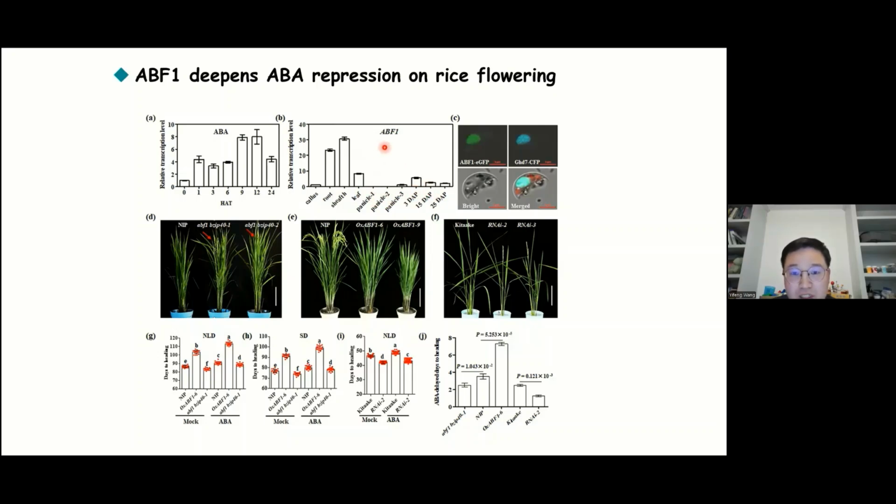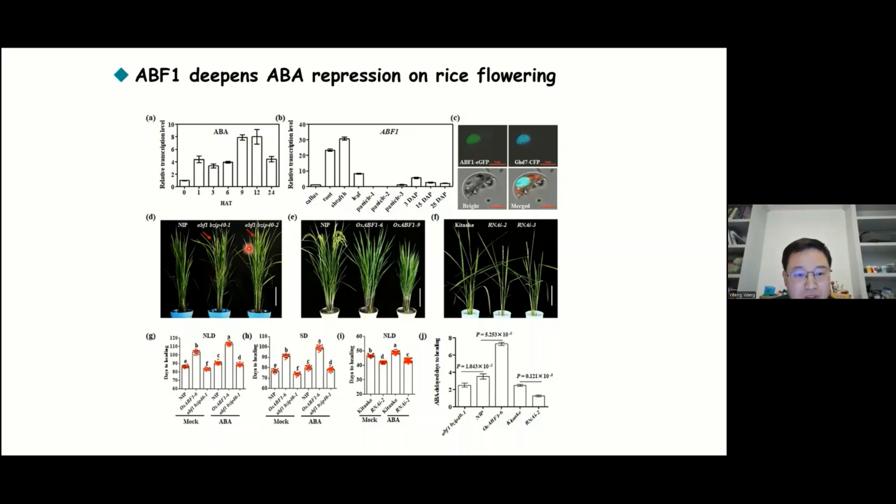These results suggest that ABF1 may play a negative role in the reproductive development transition, especially in rice. And the subcellular location experiment shows that ABF1, acting as a transcription factor, is mainly expressed in the nucleus.